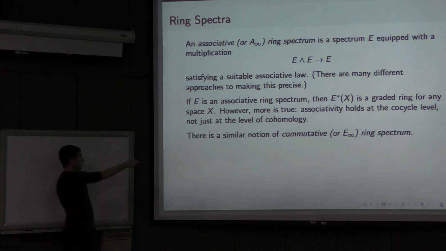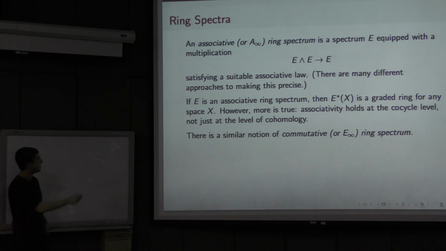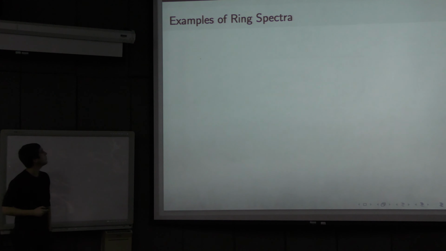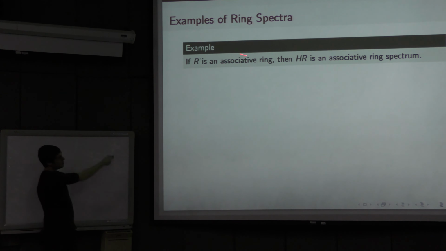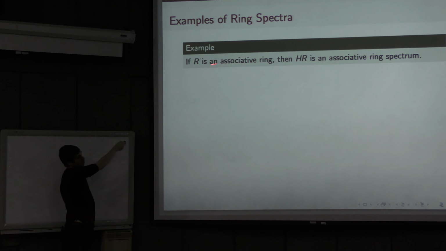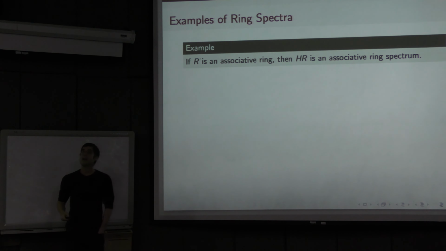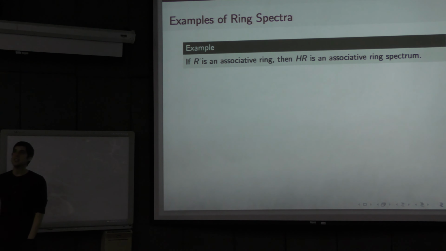And we remark that there's a similar notion of commutativity, which will come up tomorrow, but not today. So let me give you some examples. Well, we've only met a couple of examples of spectra so far, but if R is an associative ring in the sense of classical algebra, then ordinary cohomology with coefficients in R is representable by the Eilenberg-MacLane spectrum HR, and that's an example of an associative ring spectrum.